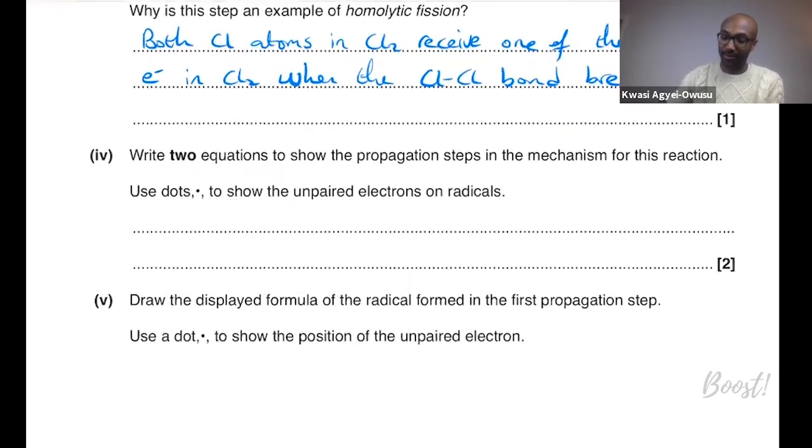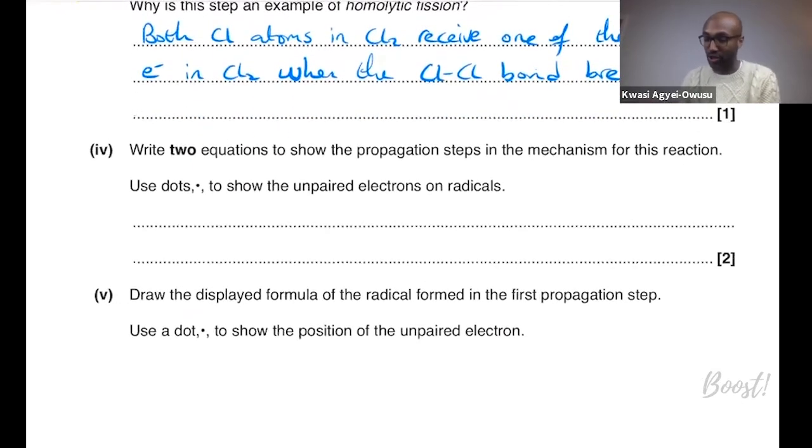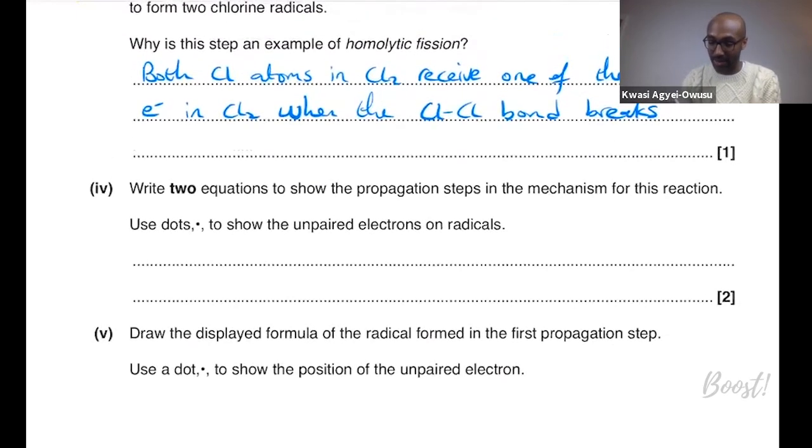And in the next part, we're asked to write two equations to show the propagation steps in the mechanism for this reaction. And we're asked to use dots to show the unpaired electrons on radicals. So in the propagation step, you've got your propanoic acid, CH3CH2C double bond OH, and that is reacting with the chlorine radical.